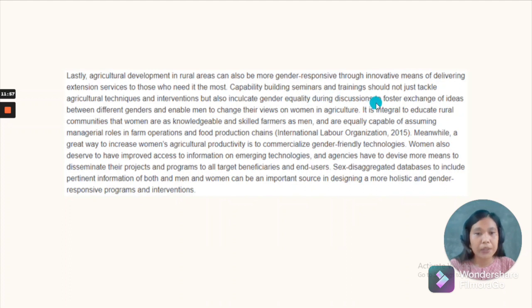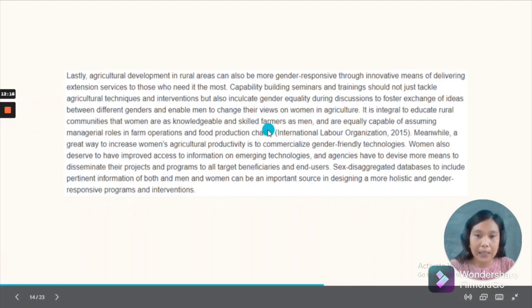Capacity building seminars and trainings could not just tackle agricultural techniques and interventions, but also inculcate gender equality during discussions to foster exchange of ideas between different genders and enable men to change their views on women in agriculture.